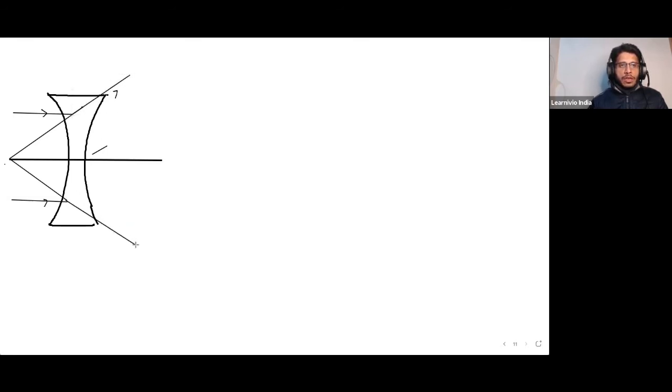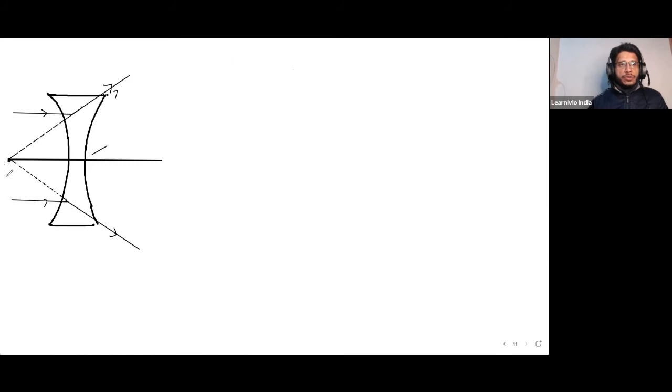So the concave lens does not converge, it basically diverges the rays. But when you produce these rays in the backward direction, they appear to meet at a point here.